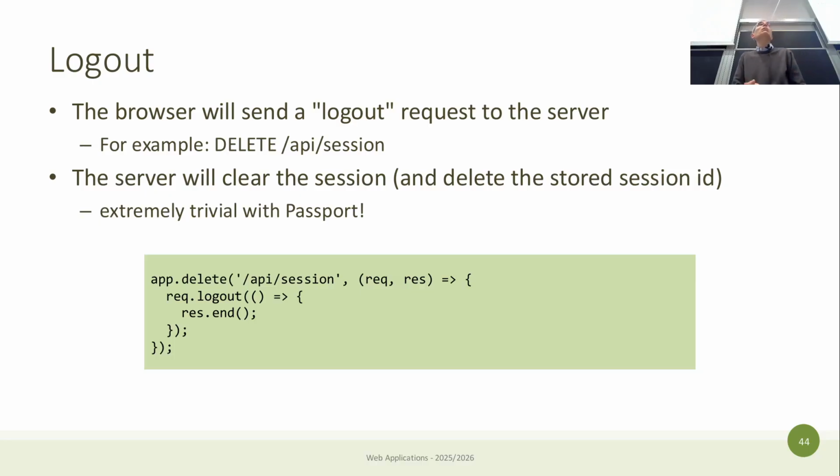Your application should be notified of this. You have a React application with a state, so you can destroy the state of the user. Once you get the answer from the logout, you remove the user object from the client side, and so you know you shouldn't send a request that requires authentication to the server.